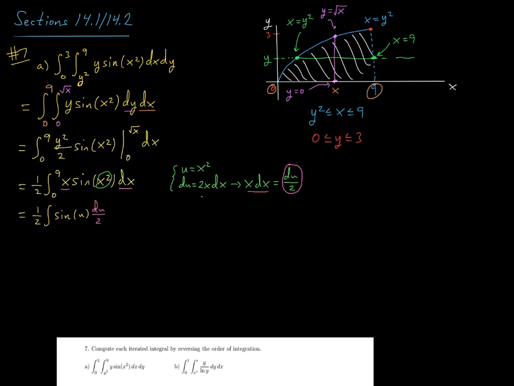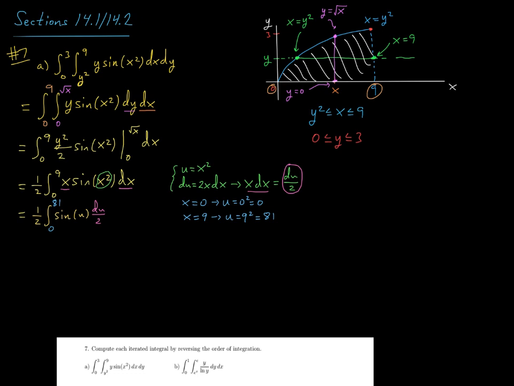So if x is 0, then u would be the square of that, so 0. And if x were 9, then u would be the square of 9, so that'd be 81.